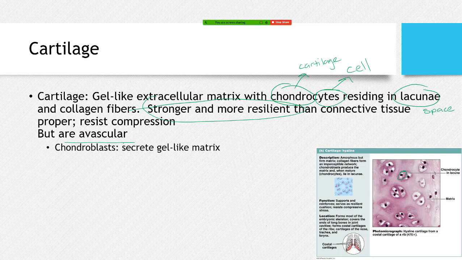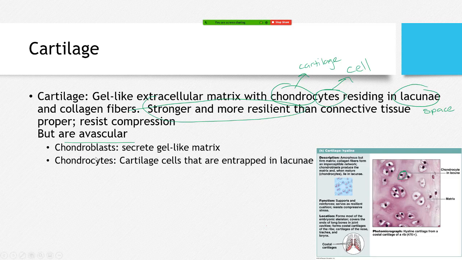Okay, let's take a look at this first example here. Is the chondroblast. So remember, we were talking about fibroblasts and all the other connective tissue earlier on. So with the chondroblast, on the other hand, it replaces that. So instead of having it secreting those ground substance and protein fibers, it's the chondroblast that's going to secrete this gel-like matrix.